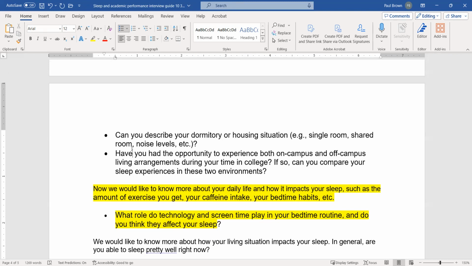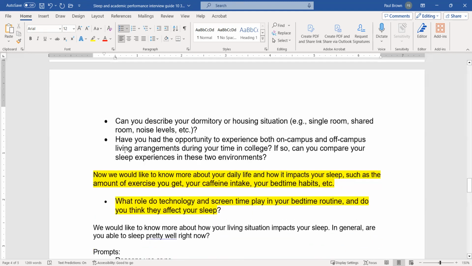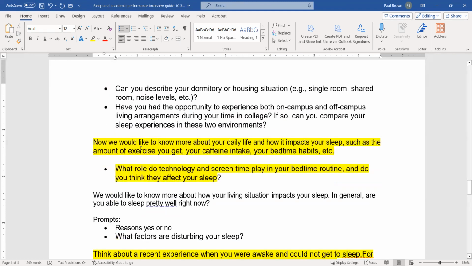Something like that? Okay, so on campus would be more noise than off campus would be, okay. So do it for on and off campus.